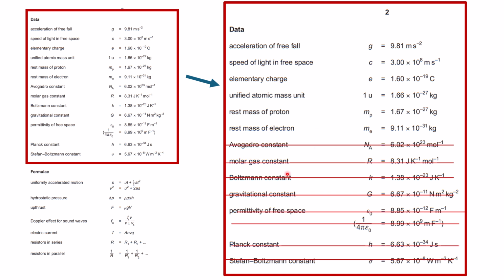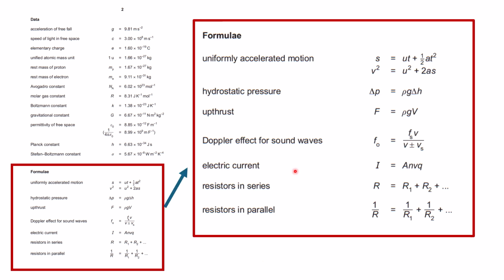The list that is crossed with this red line is for the A level. And here are the formulas provided: 2 formulas for motion, hydrostatic pressure, upthrust force, or Archimedes principle, Doppler effect, electric current in a wire, resistors in series, resistors in parallel.